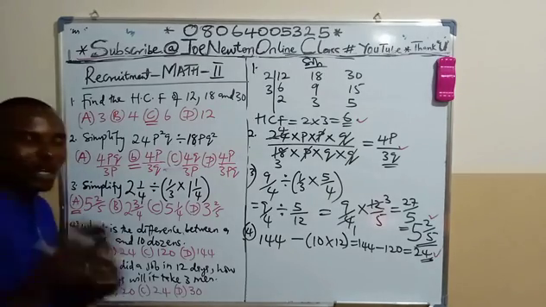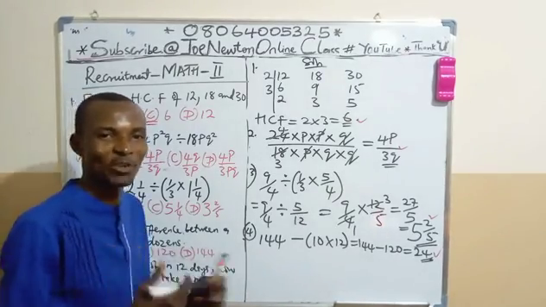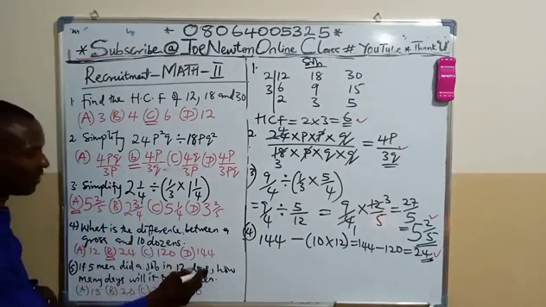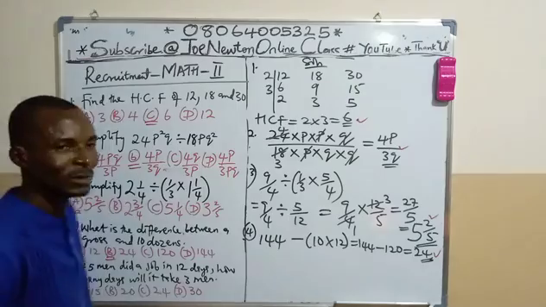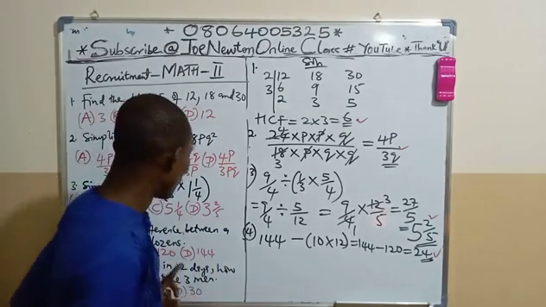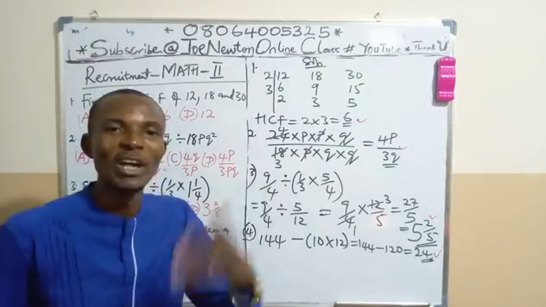Then the last question, but not the least, here on the board. This one has to do with proportionality, inverse proportion and direct proportion. It says, if 5 men did a job in 12 days, how many days will it take 3 men? By common reasoning, if 5 men could do a piece of job in 12 days, then 3 men would take more days.